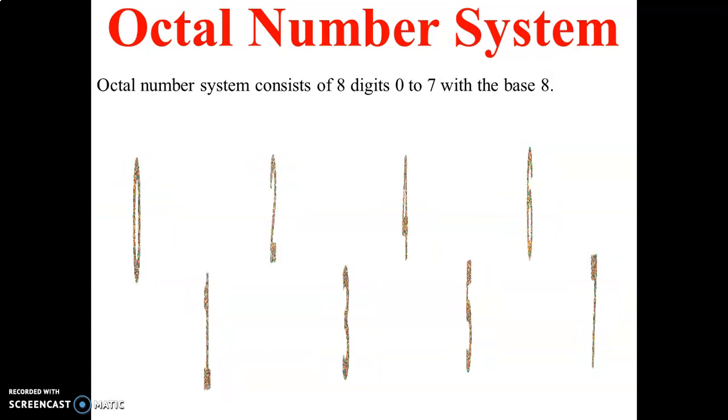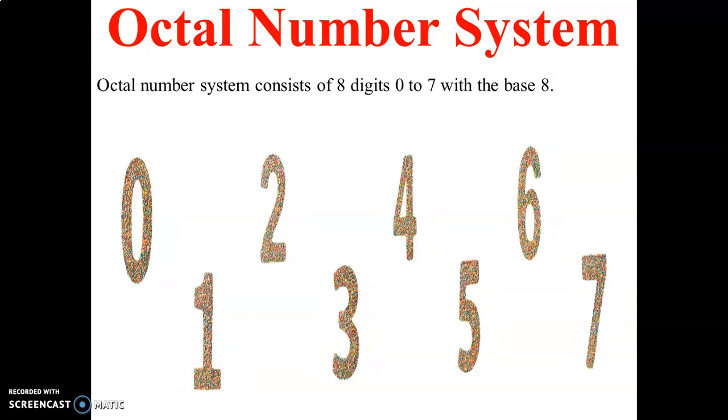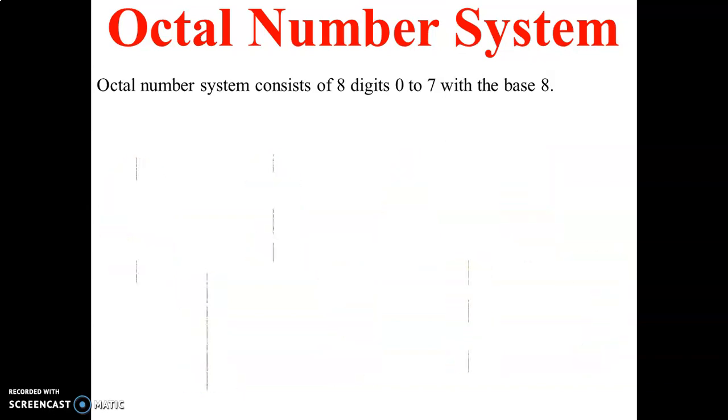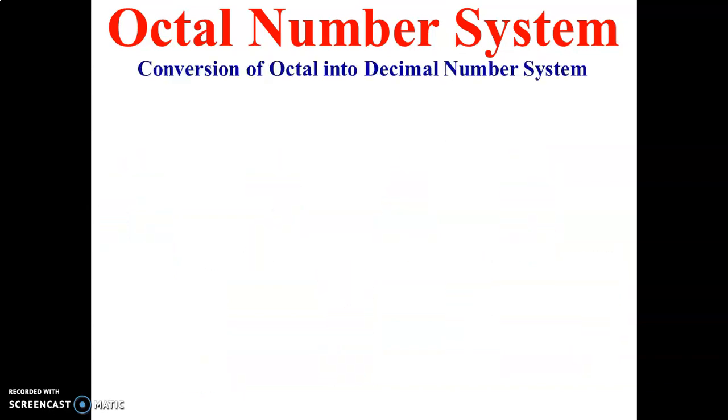Now, the procedure of octal to decimal conversion is similar to binary to decimal conversion. So same method we have to apply. We have to start multiplying the digits of the number from the right hand side with increasing power of 8 starting from 0, and finally calculating the sum of all the products.